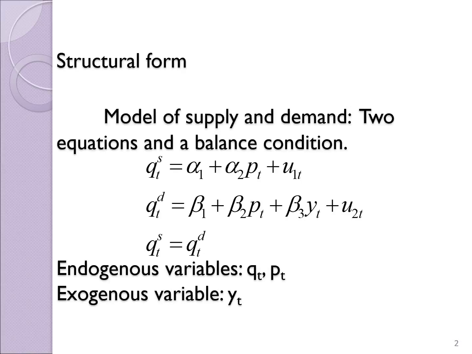Typically beta 2 is going to be negative, so the higher the price, the lower the quantity, and typically also the beta 3, which is the effect of the income, is going to be positive. We don't know for sure what is the size or the sign of alpha 1 and beta 2.